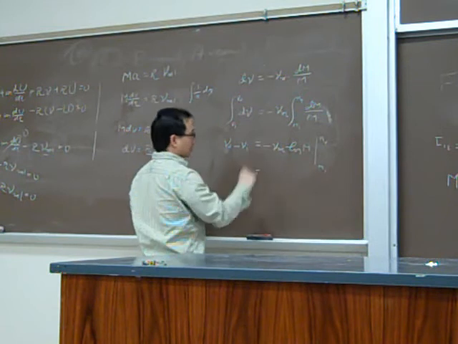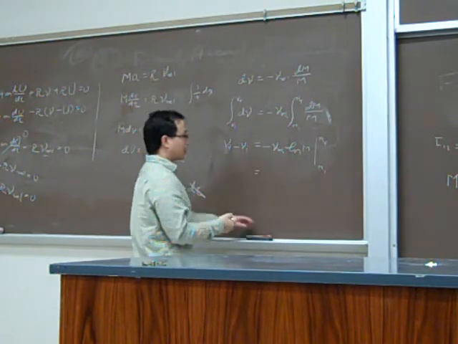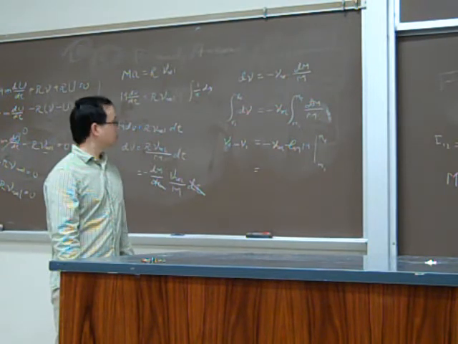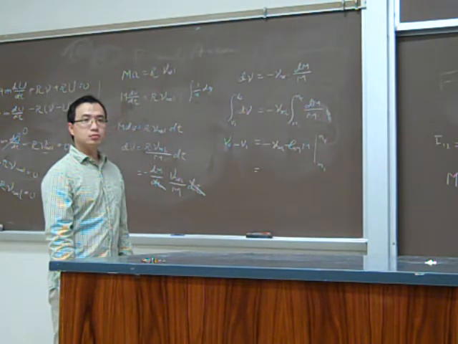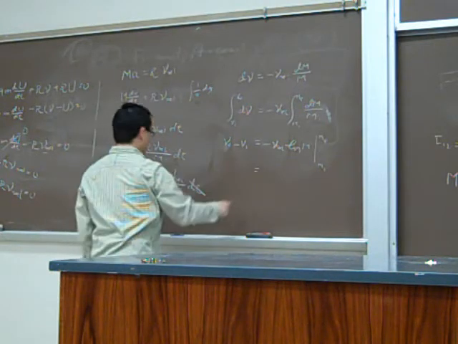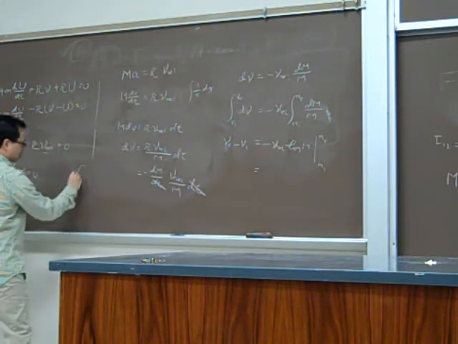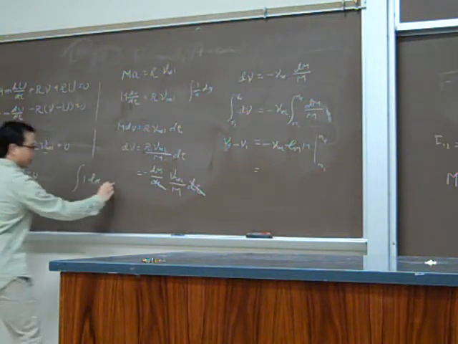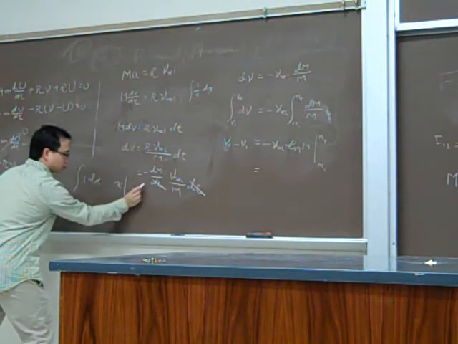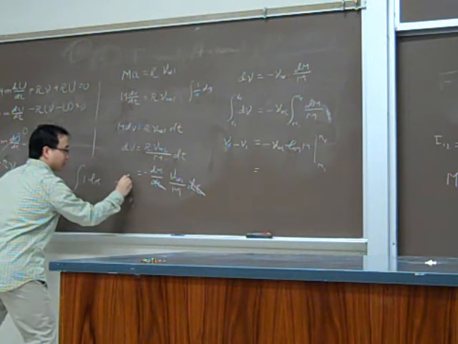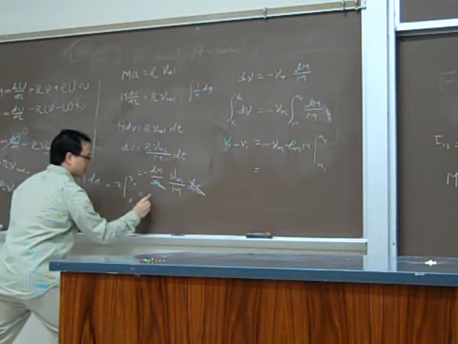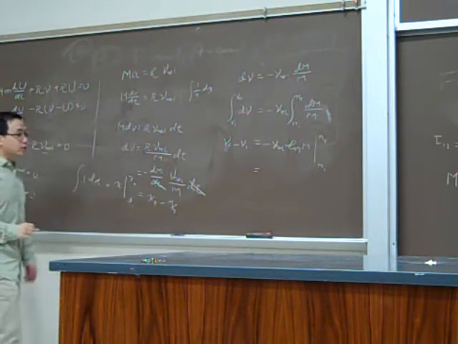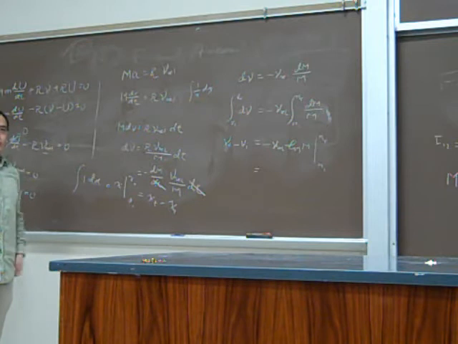Look at the side with the velocity: it is just the integral of dv. If you have the integral of 1 dx, what do you get? You get x from the initial value to the final value, so x final minus x initial. And so here you get v final minus v initial.